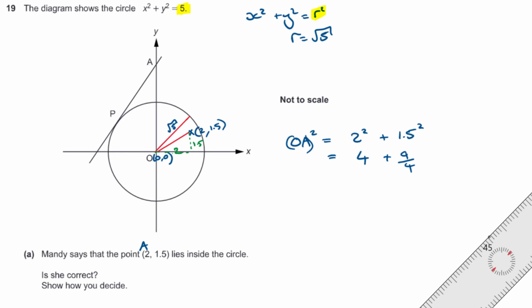So 4 plus 9 over 4. Well, 9 over 4 is 2 and a quarter, so that's 6 and a quarter.